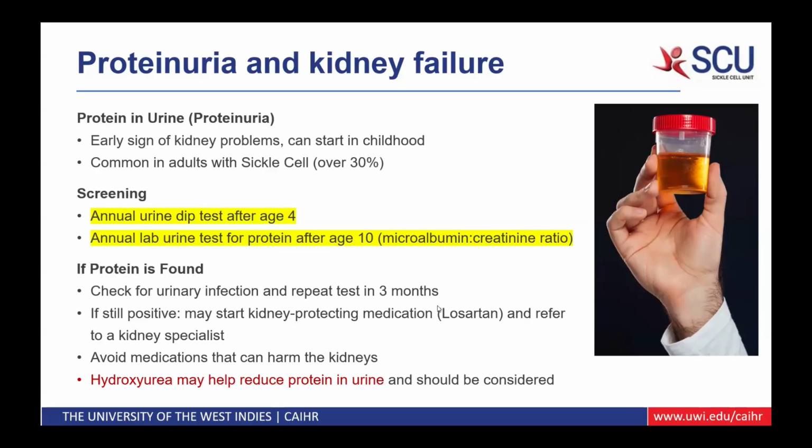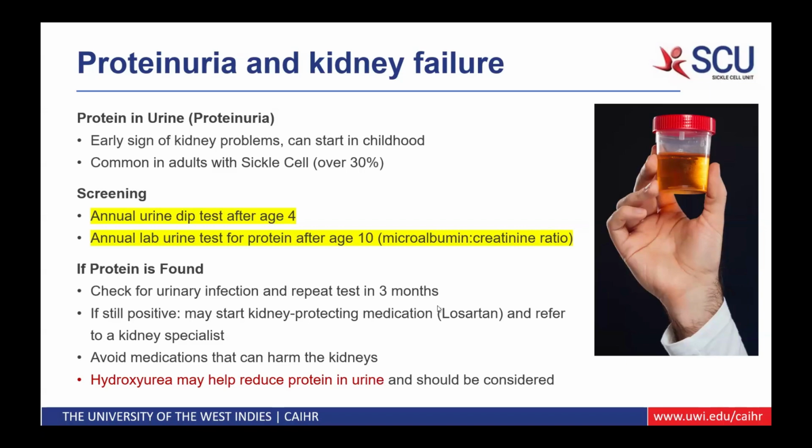If it's still positive at that time, or I should say, if it is very, very high the first time that we check, then we may want to start you on kidney protecting medication and also refer you to the kidney specialist. We'll also advise you to try and avoid medications that can cause harm to the kidneys.